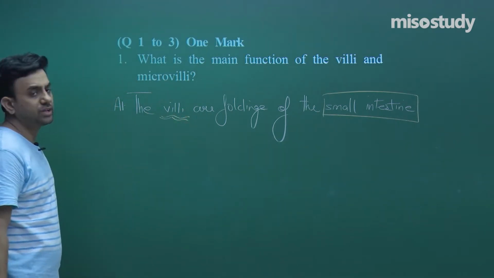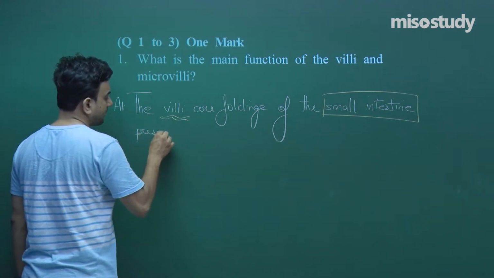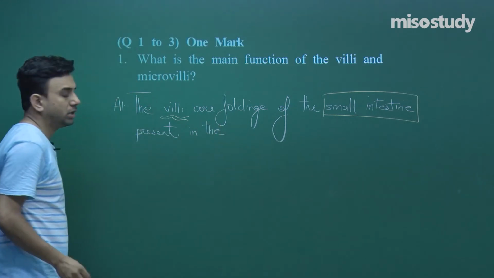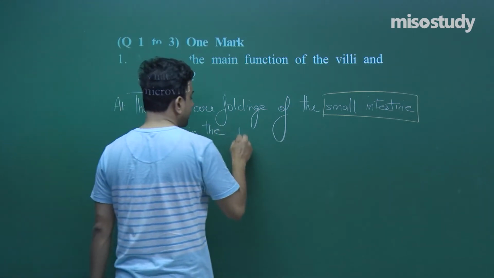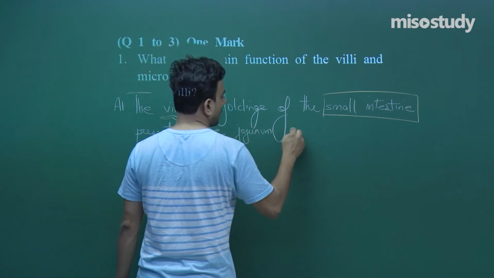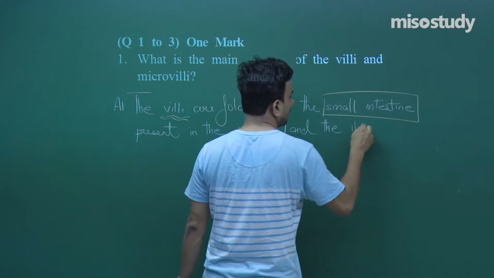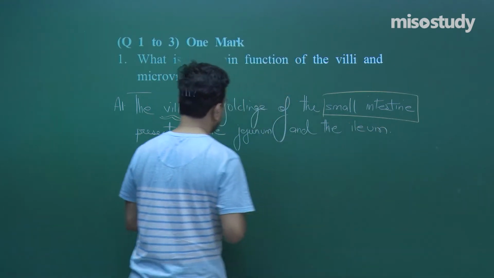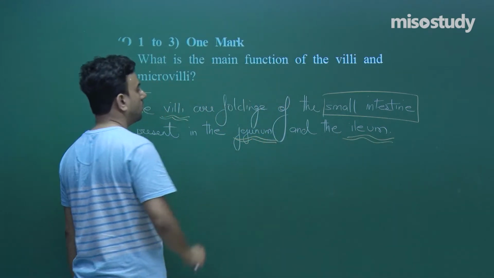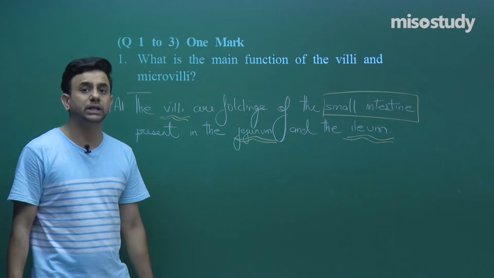The villi are foldings of the small intestine present in the jejunum and the ileum, right?